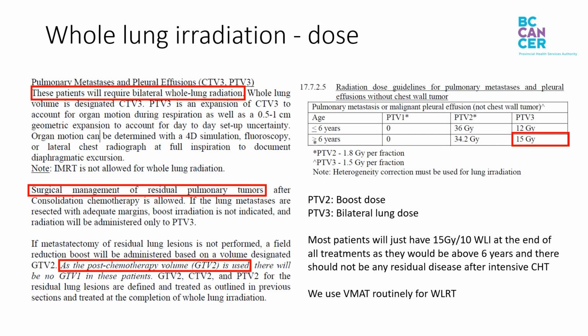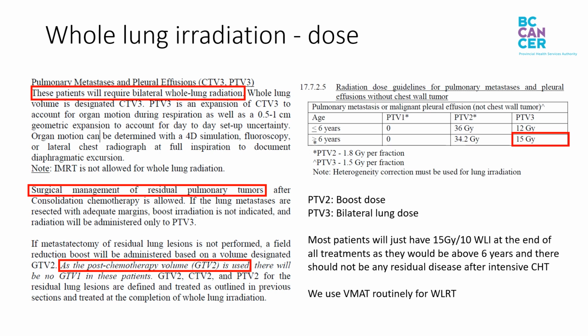While it did suggest that the post-chemotherapy volume can receive a boost, by far the majority of these patients who only present with lung metastasis do respond quite well to systemic therapy, and after all the cycles of consolidative chemotherapy, we often see no residual disease.